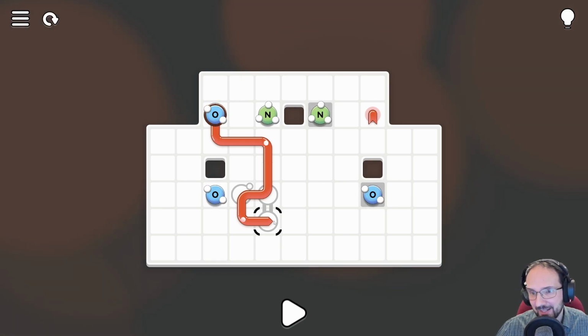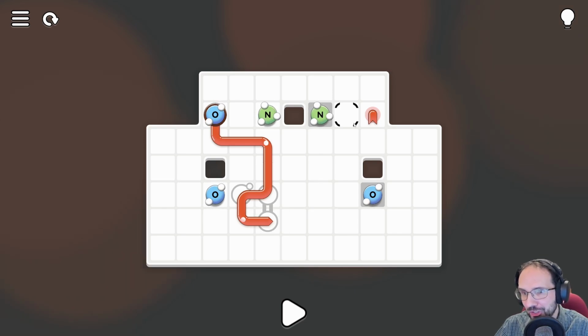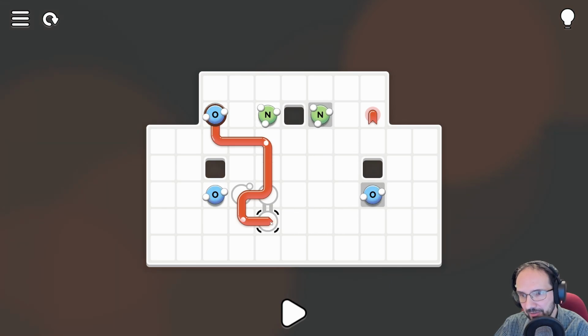But I don't see how I can get the nitrogen on the left. It needs to go either on the left or there. And that will bond with one bond. He'll have 2 bonds left, and then I can double bond him to the oxygen.